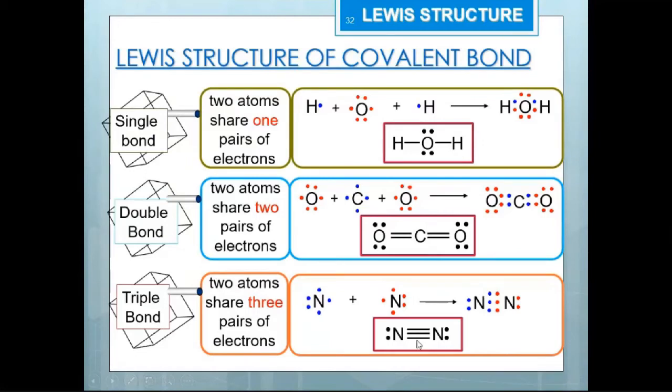For this case, nitrogen? 2 sigma, 1 pi. Wrong. 1 sigma, 2 pi. Always remember, in every bond there is only 1 sigma. The others are definitely pi. 1 sigma, 2 pi.